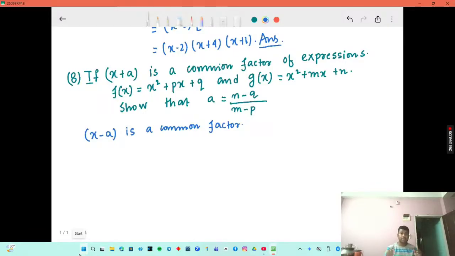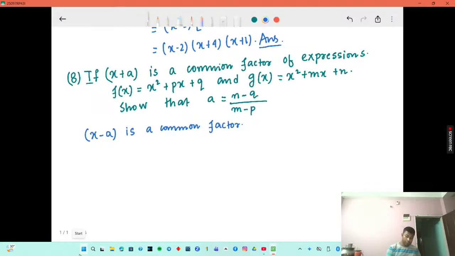If something is a factor of any given equation, can someone tell me in the chat box, then what will be the resultant value of that equation? The resultant value means what will be the remainder of that equation? Anyone who can help me?